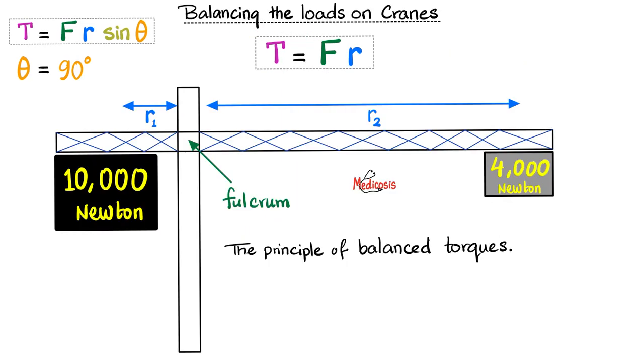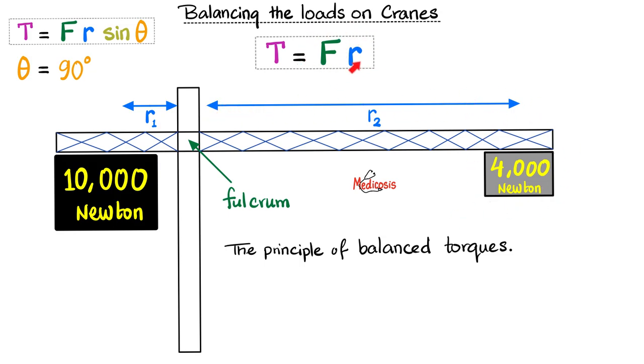This is the same concept of balancing the loads on cranes. If one side of the crane has to carry 4,000 newtons of weight, and the lever arm here is this, well, this needs to be balanced with a bigger load in a shorter distance, so that force 1 multiplied by lever arm 1 equals force 2 multiplied by lever arm 2.